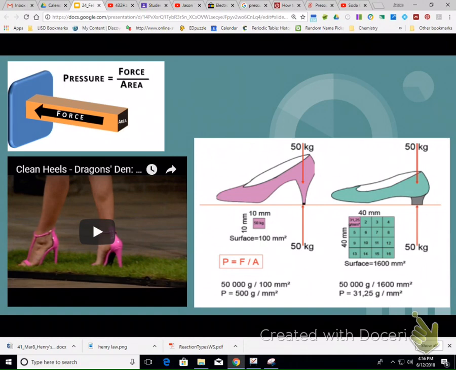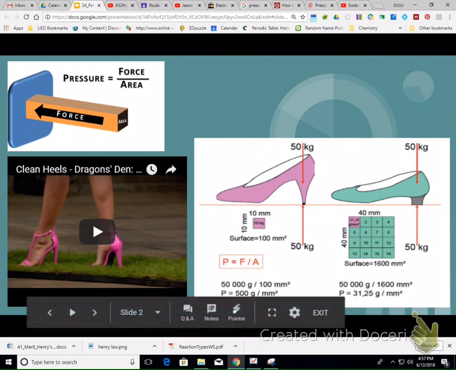The reason is, while a person's weight doesn't change, their mass doesn't change, the pressure is constantly changing as you change these shoes, because the force is distributed on the green shoe here over a larger area. So there's not quite as much pressure. Whereas in the pink shoe, that same force is being applied to a very tiny area.